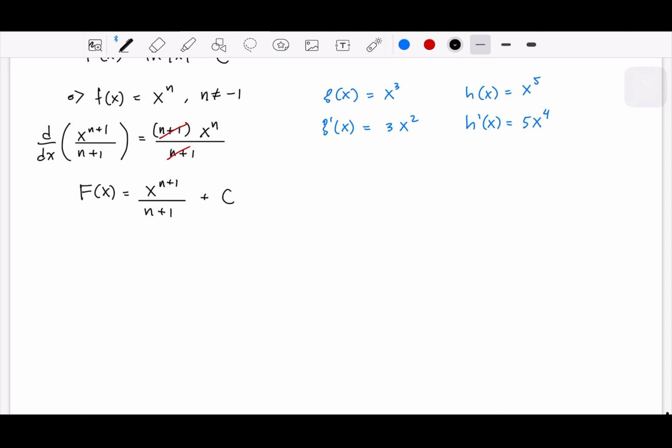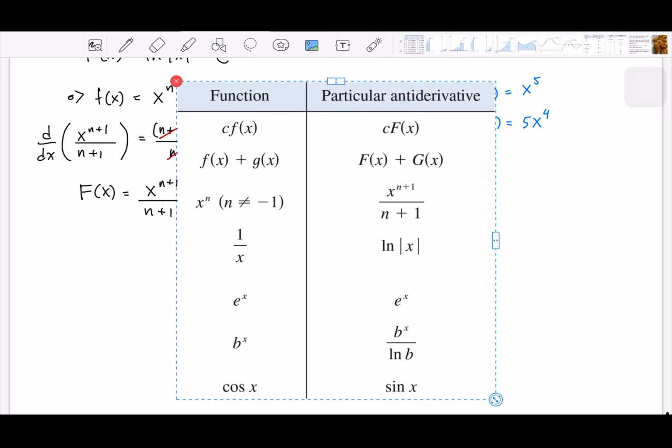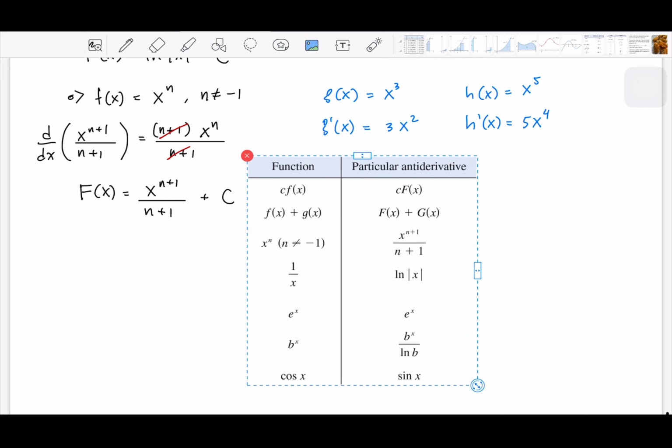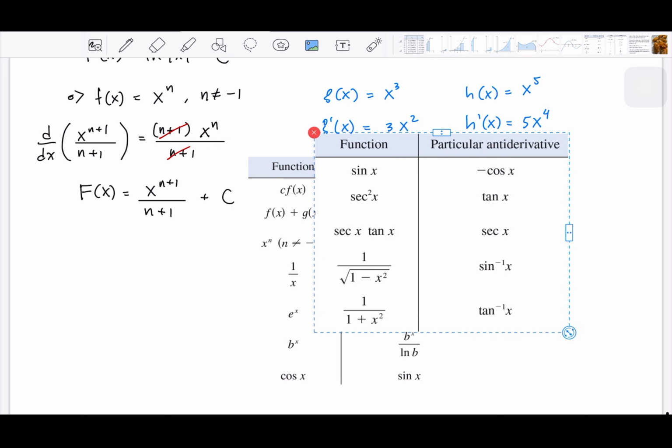So it's like just reverting back to your original derivative. So let me take this and this.